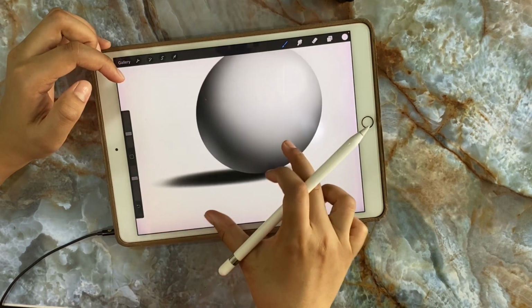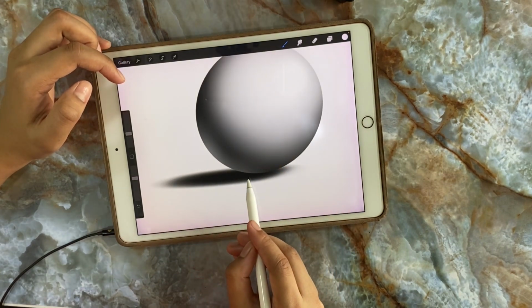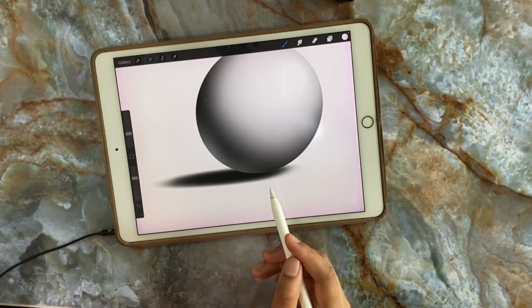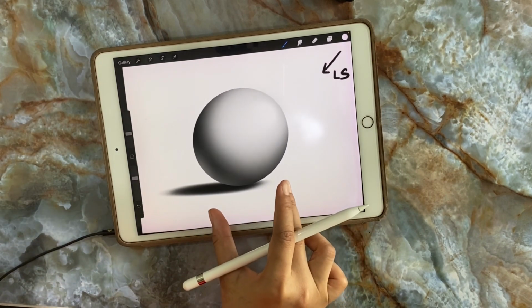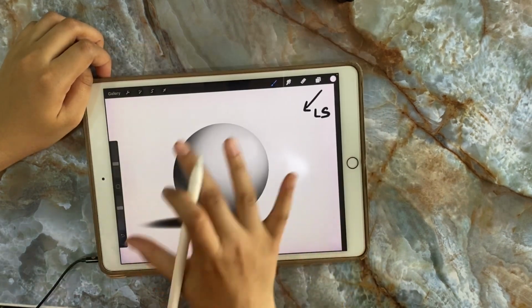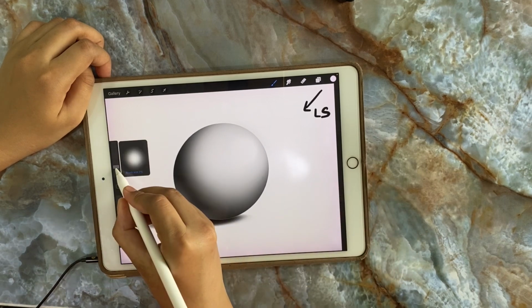So that will look just like this. So that's the main concept behind this.